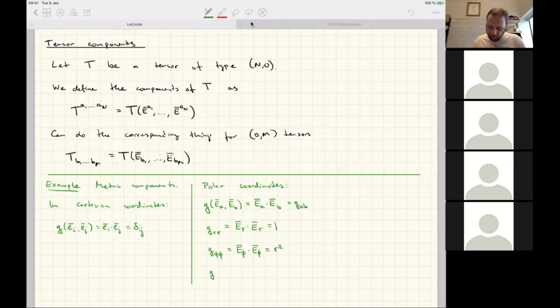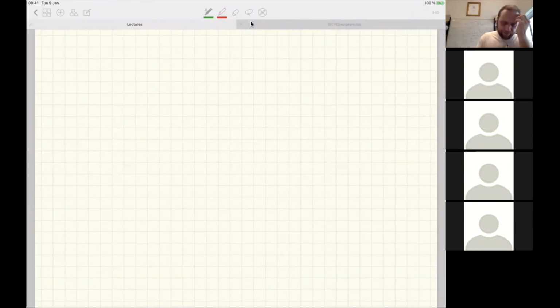And finally, g_phi r, which happens to be equal to g_r phi because the inner product is symmetric, is e_r inner product with e_phi. Since polar coordinates are orthogonal, this is equal to 0. So these are all 4 components of the metric in polar coordinates.